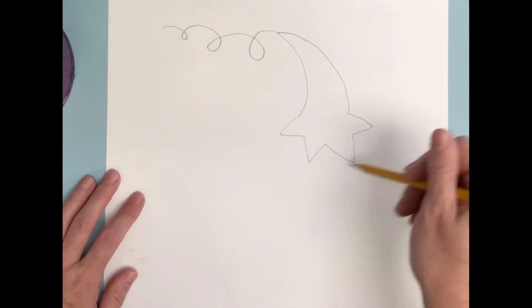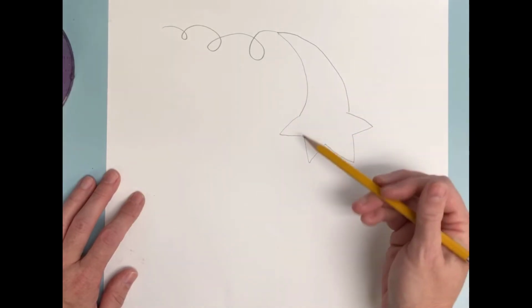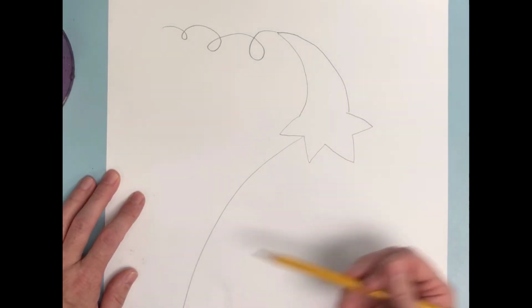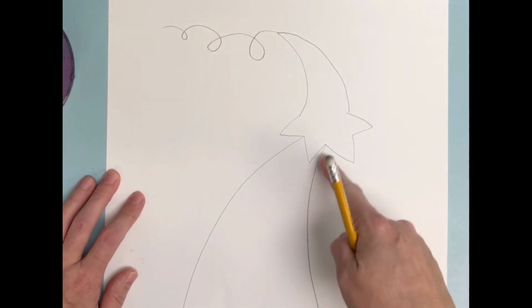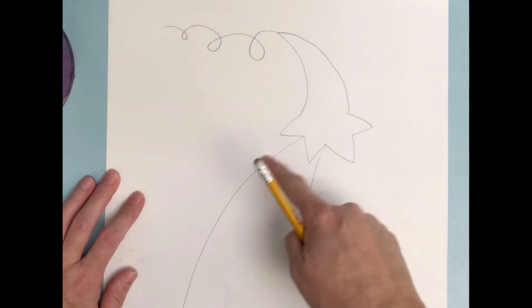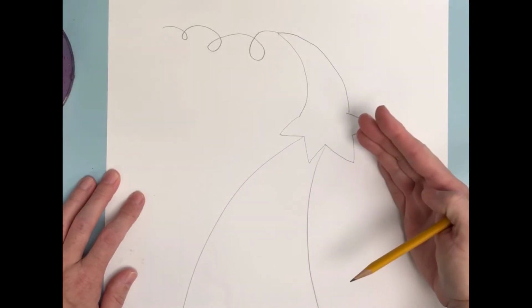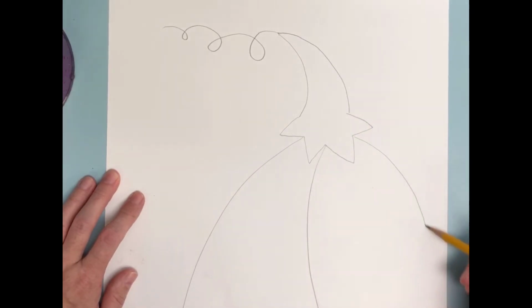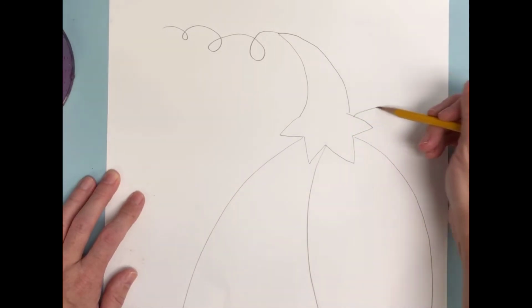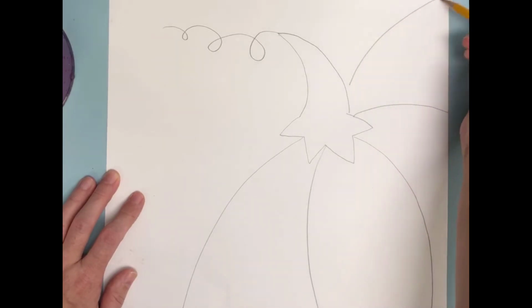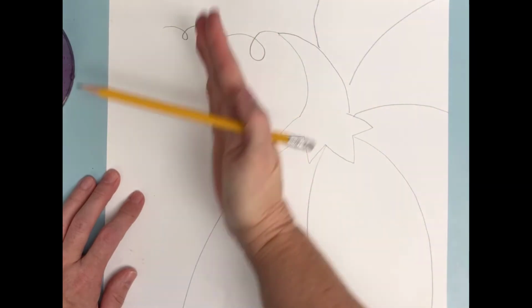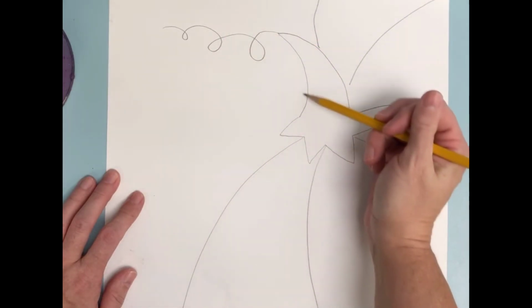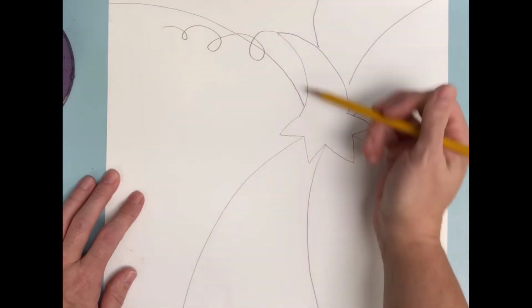Next, from this little star shape in the middle, I am going to bring curved lines down and around. Now, this one is curved and this one is curved, but now I'm on this side of the paper, I'm going to curve it this way. If you ever get to a spot where you're thinking, I don't know what to do, on this side of the paper I probably need to start turning those so they're like this.